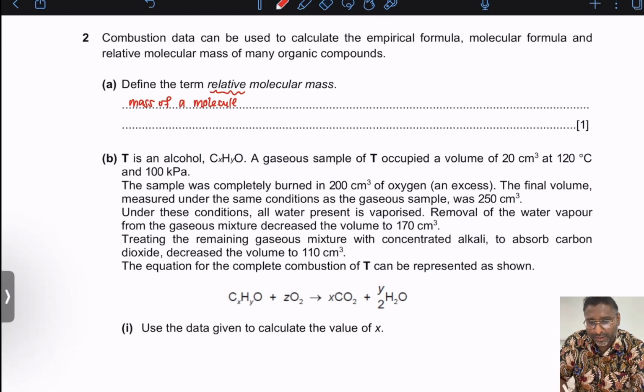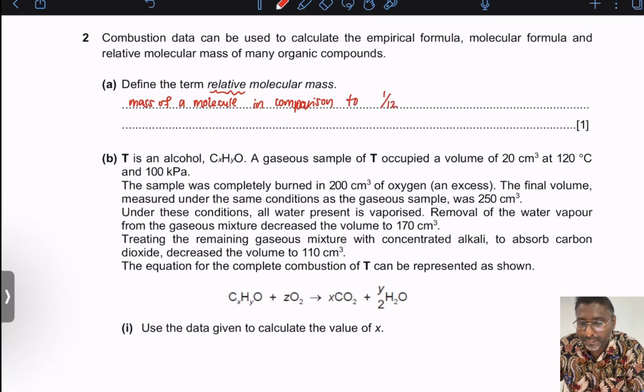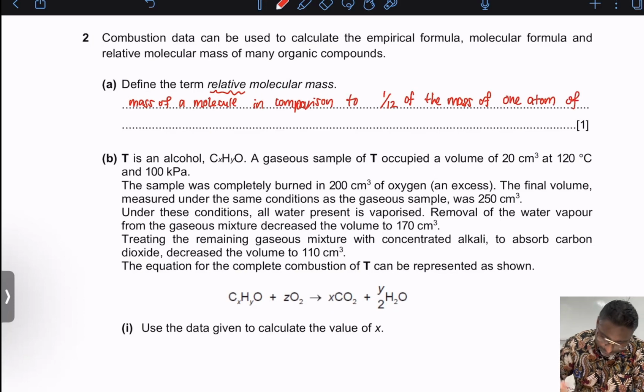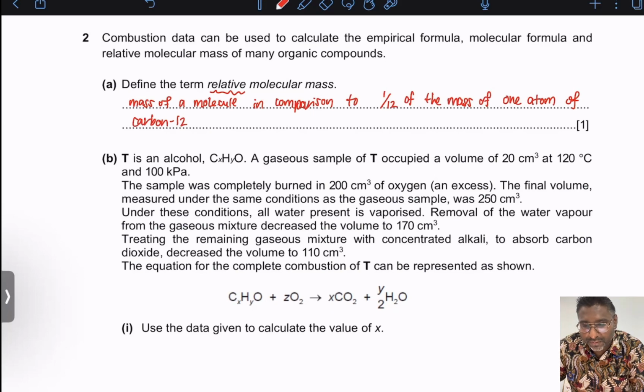the mass of a molecule in comparison to 1/12 of the mass of one atom of carbon 12, the isotope. So we need to follow the 1/12 of the mass of one atom of carbon 12.